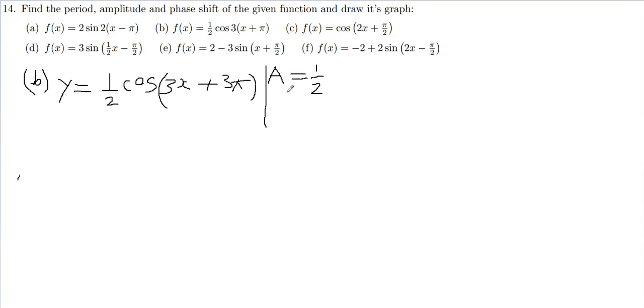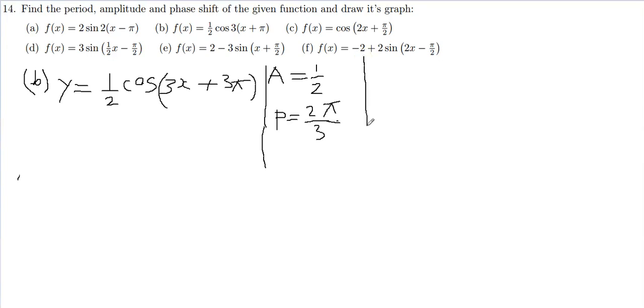And the period is 2 pi over the given coefficient of x here. The coefficient of x here is 3, so it's just 2 pi over 3. So my period is 2 over 3 pi.